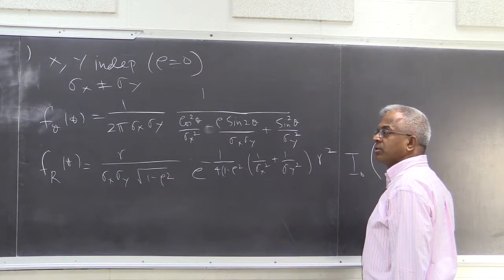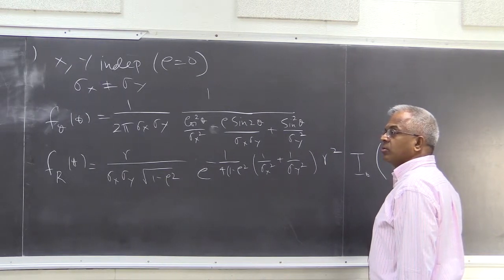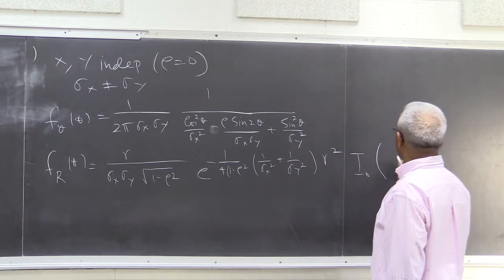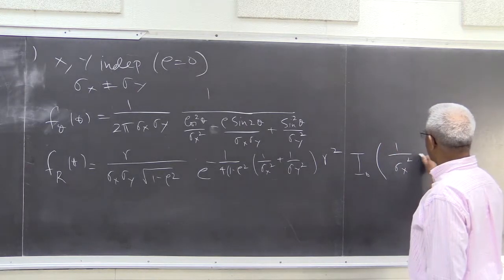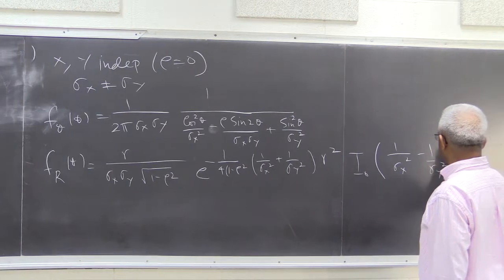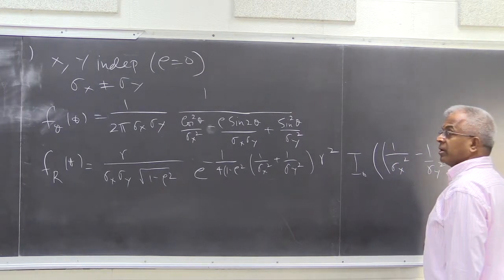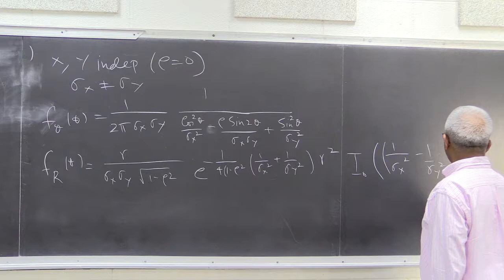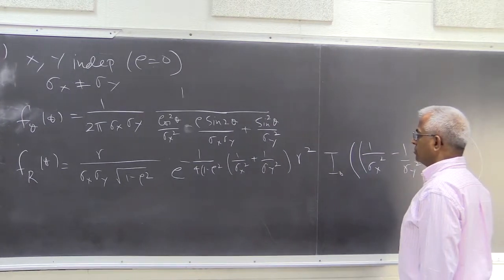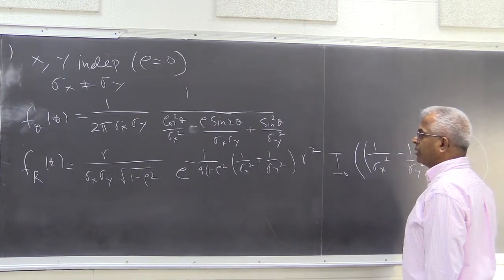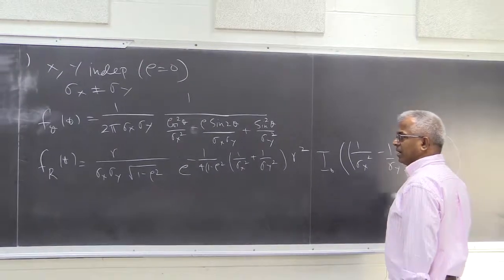So you just have to substitute. Remember, rho is 0. So a is going to be 1 over sigma x squared minus 1 over sigma y squared, multiplied by r squared over 4. So again, Rayleigh-like, but not quite Rayleigh, so it is Rician-like mostly.